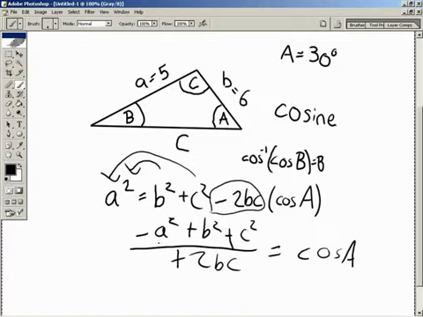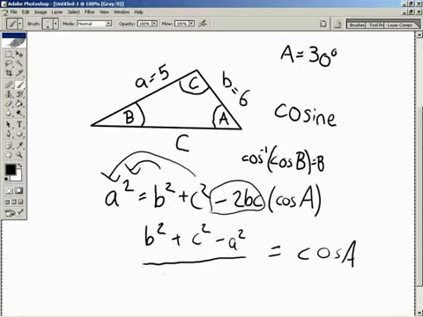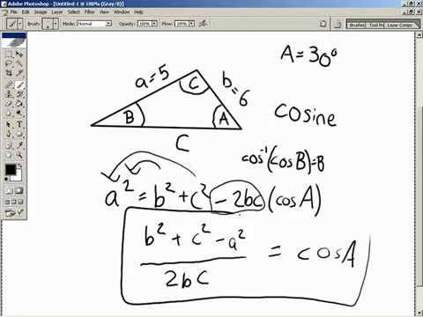And then they say, well, that's really messy. And they rewrite it nice and neatly, saying B squared plus C squared minus A squared divided by 2BC equals cosine of A. That way you can isolate cosine of A. Personally, I don't like that method.